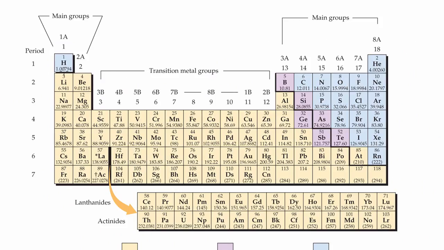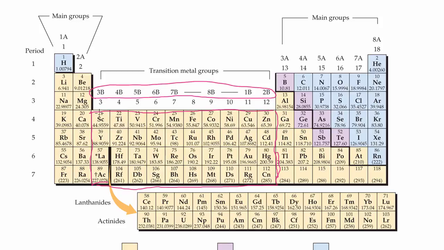So we know where the alkali metals, the alkaline earth metals, the halogens, the noble gases, the metals, nonmetals, and metalloids are located. We also know about the lanthanides and the actinides. Let's take a look at groups 3B through 8B.